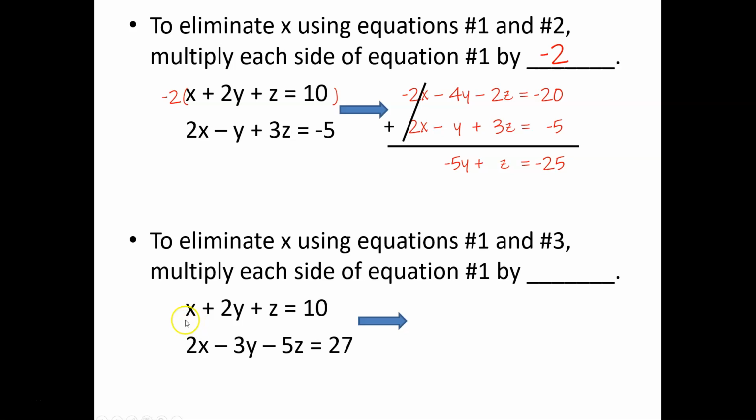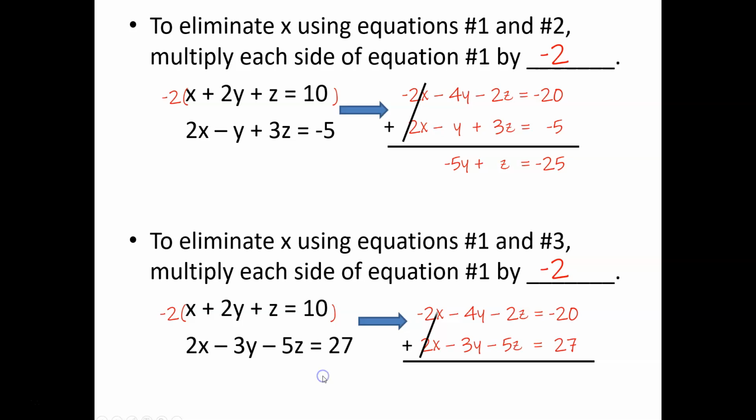We want the opposite of 2, so we multiply the whole equation by negative 2. Once again, we get negative 2x minus 4y minus 2z equals negative 20. Then we copy this equation again: 2x minus 3y minus 5z equals 27. Because we're doing elimination, we add the two together. Once again, our x's drop out, and we're left with negative 7y minus 7z equals 7.